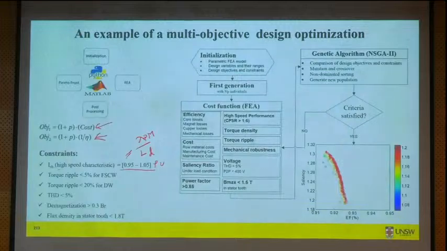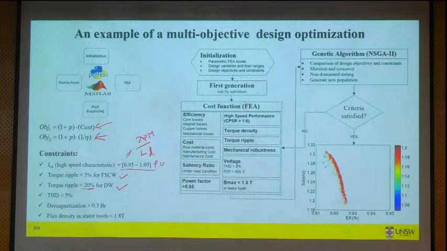In this application we were trying to evaluate the same rotor design for both fractional slot concentrated winding, FSCW, and distributed winding. So we put two different torque ripple constraints. For distributed winding, torque ripple is usually very high, so we give a higher constraint, less than 20%. But for fractional slot, we get much smaller torque ripple, so our constraint here is only 5%. We want even lower than 5%.